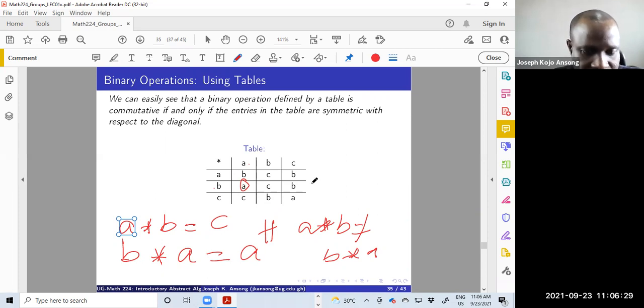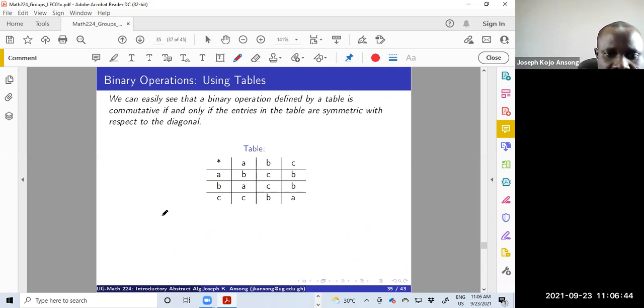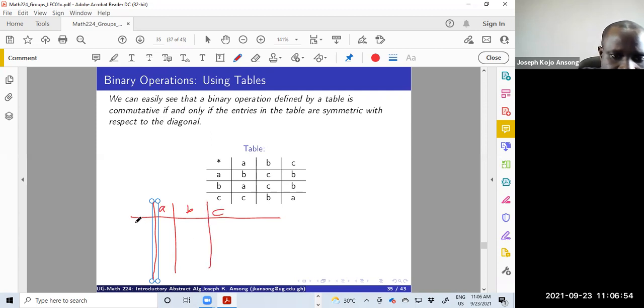Let me get rid of this and just do another one here. Suppose star was commutative, then what do we expect? If it was commutative, you would expect this. So let's do this: A, B, C, A, B, C, right?